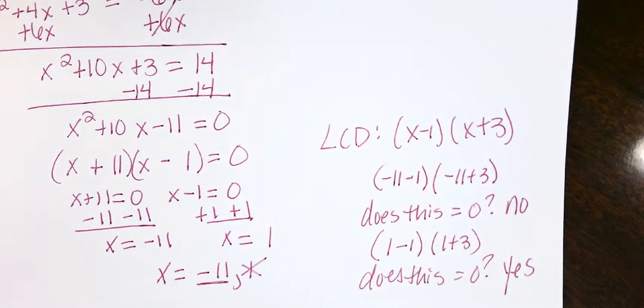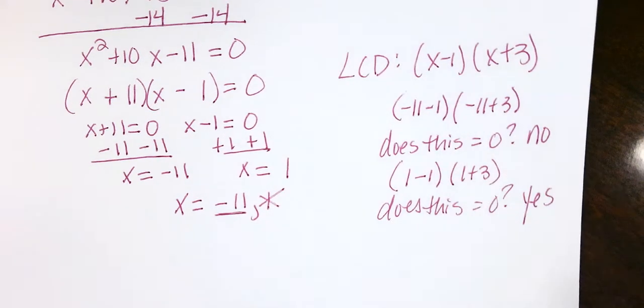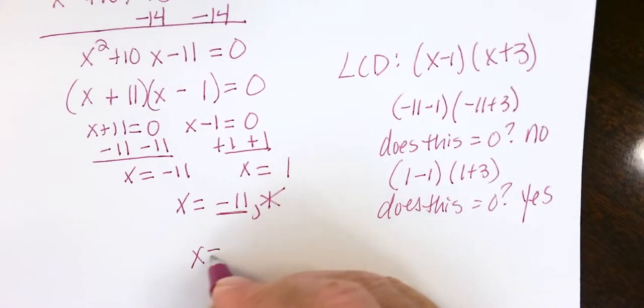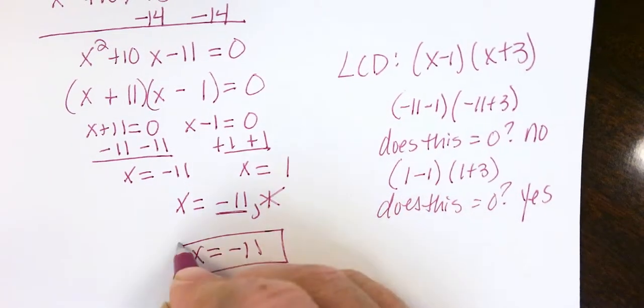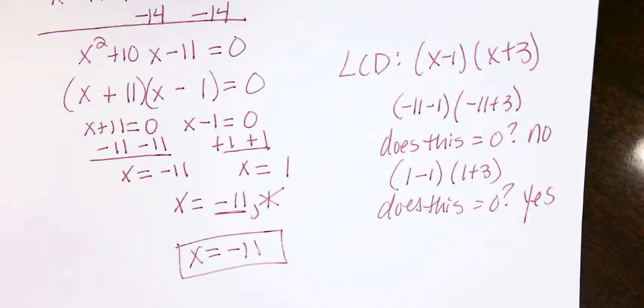So even if you get everything and it works out perfectly and you have these nice little whole number answers, they may not all work in this rational equation. They may not all be valid answers. So the only answer we have on this one is negative 11. You cannot use the 1 as a solution. So that's one way to solve a rational equation.